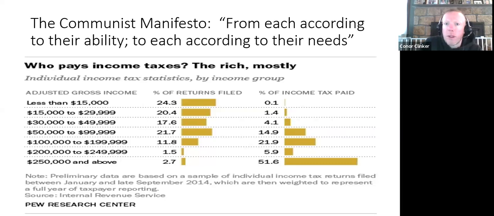Where does that money come from? It comes from people that earn more money, that the government says, hey, you have the ability, you pay in, and we're going to take your money and give it to people that we think need it more than you do. And most people think that's totally reasonable. And that's an idea that originates with the Communist Manifesto.